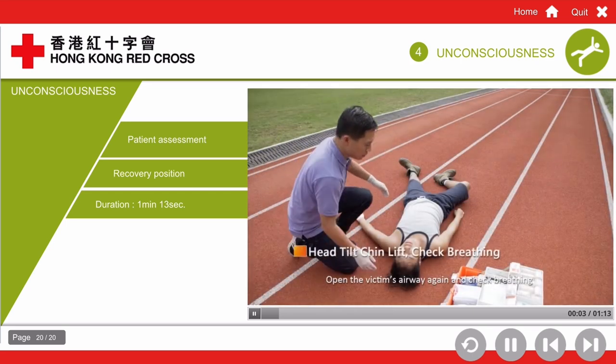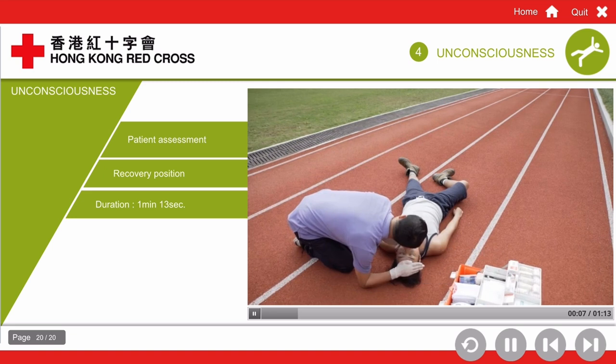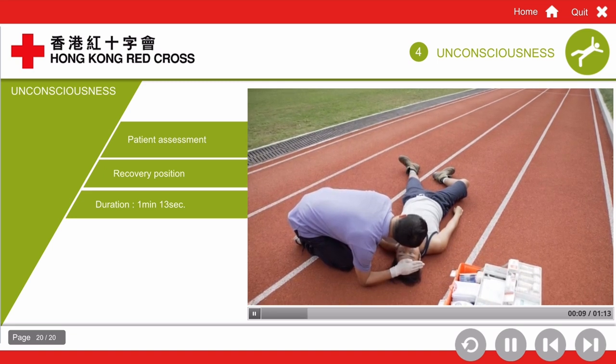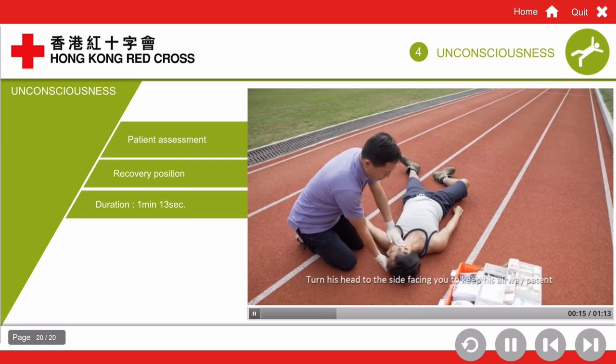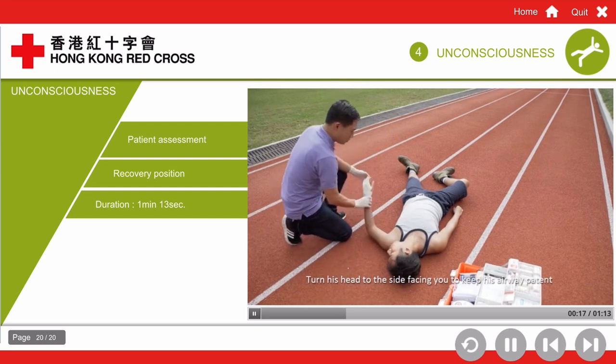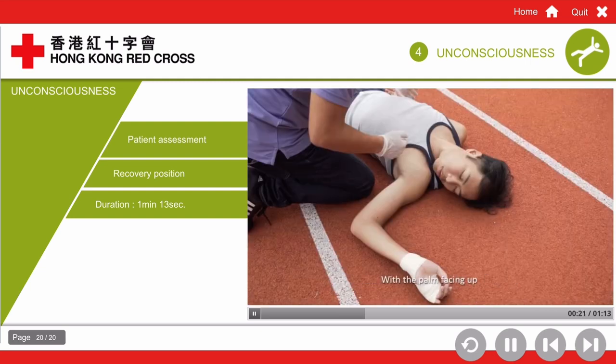Open the victim's airway again and try breathing for no more than 10 seconds. Turn his head to the side facing you to keep his airway patent. Place his arm nearest to you at a right angle with their palm facing up.